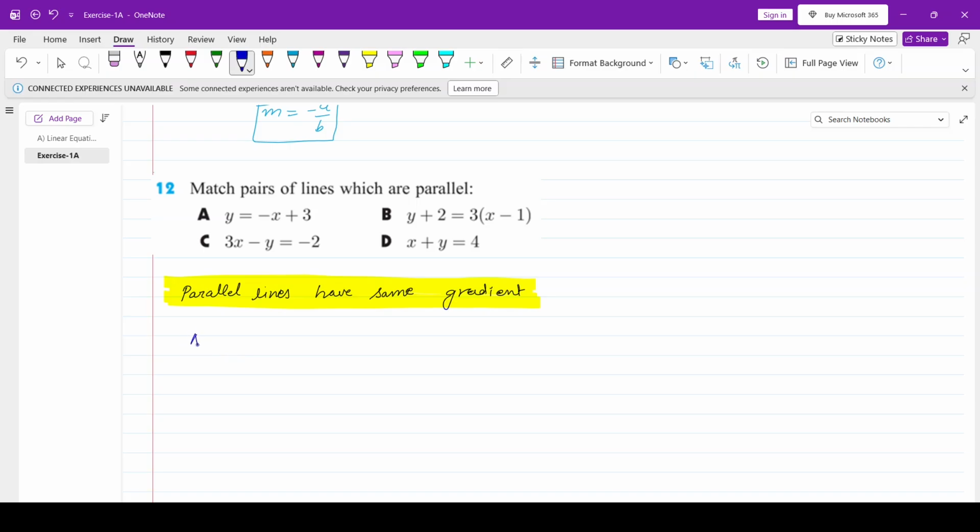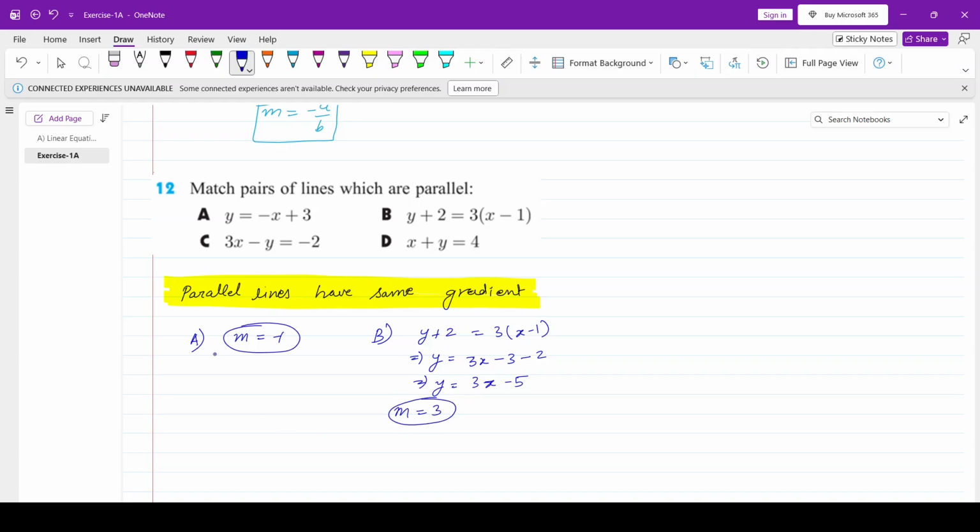Can we say for A, the gradient is minus 1? B, y plus 2 is equal to 3x minus 1, y is equal to 3x minus 3, and this 2 will go over here, minus 2. So y is equal to 3x minus 5. Can we say the gradient over here is 3?